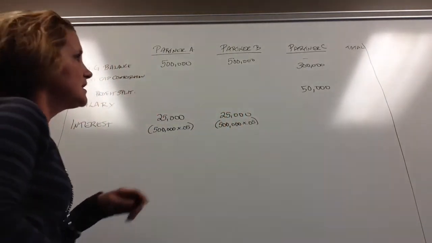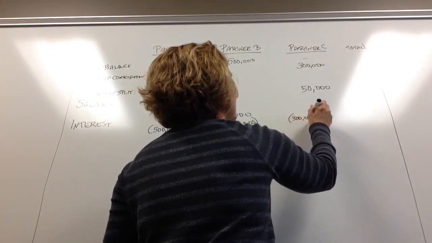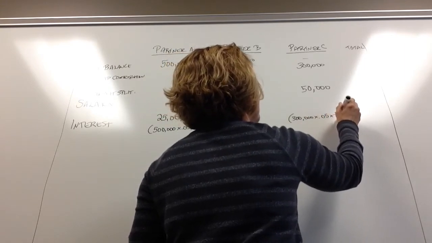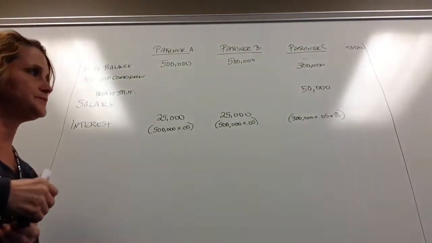Then partner C had $300,000, but only for 9 months. So they still get their 5%, but they don't get it for the whole year. So just make sure you calculate it out just for the 9 months.